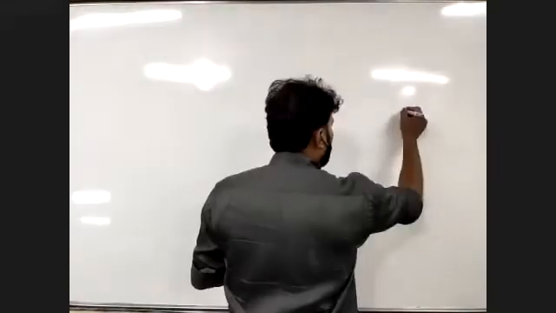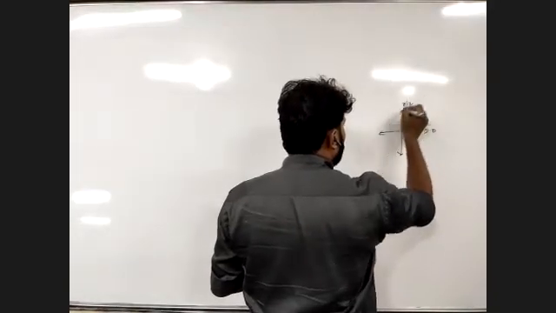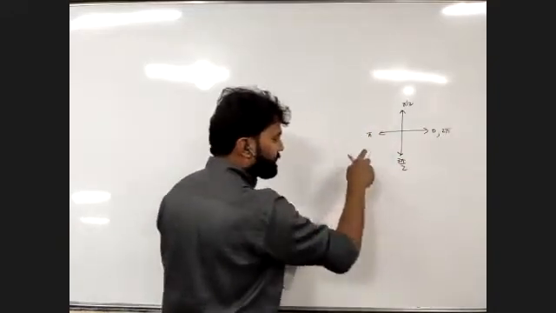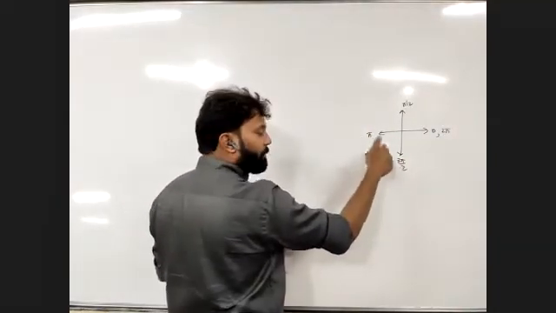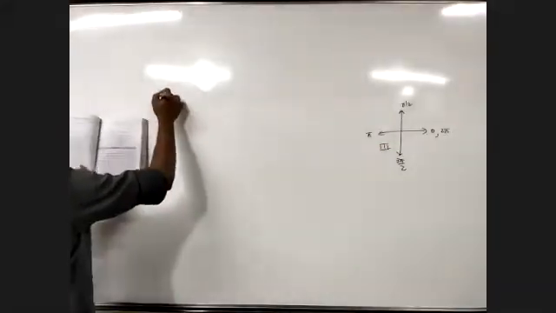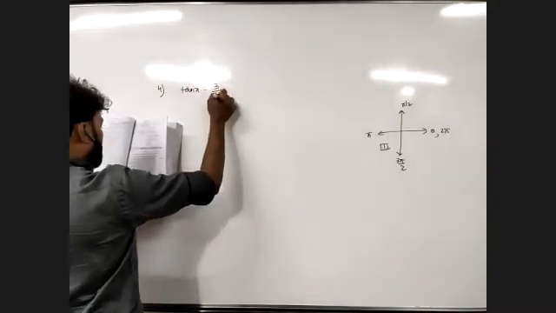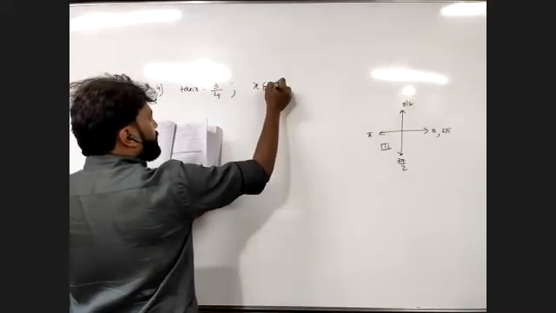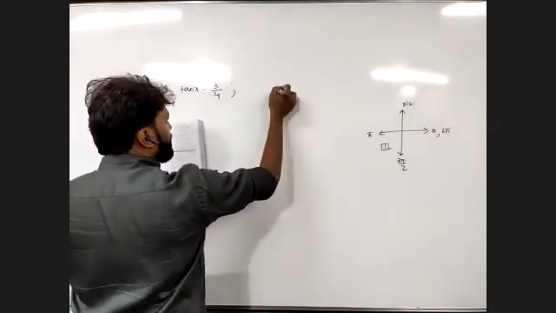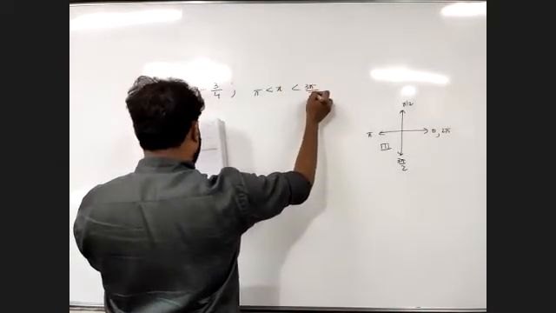See, if we make it like this: 0, pi by 2, pi, 3 pi upon 2, and 2 pi. x is greater than pi but less than 3 pi upon 2, so clearly it will belong to the third quadrant. So the fourth question: tan x equals 3 upon 4 and x belongs to the third quadrant.